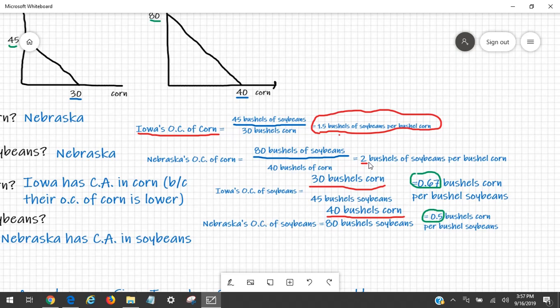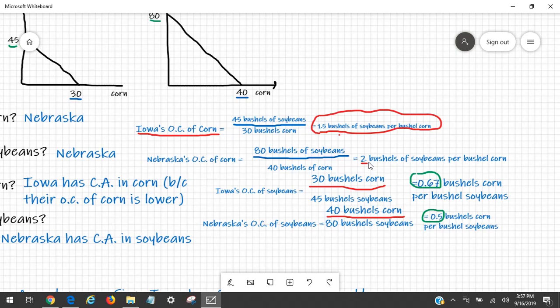Their opportunity costs are equal, so it costs them the same to produce the good. It's unlikely that you would see one of those in my class, but it is a possibility. So if their opportunity costs were equal, we would say neither has the comparative advantage. But in my class, most of the time, they're going to be different numbers, so you're going to say whoever has the lower opportunity cost has a comparative advantage.